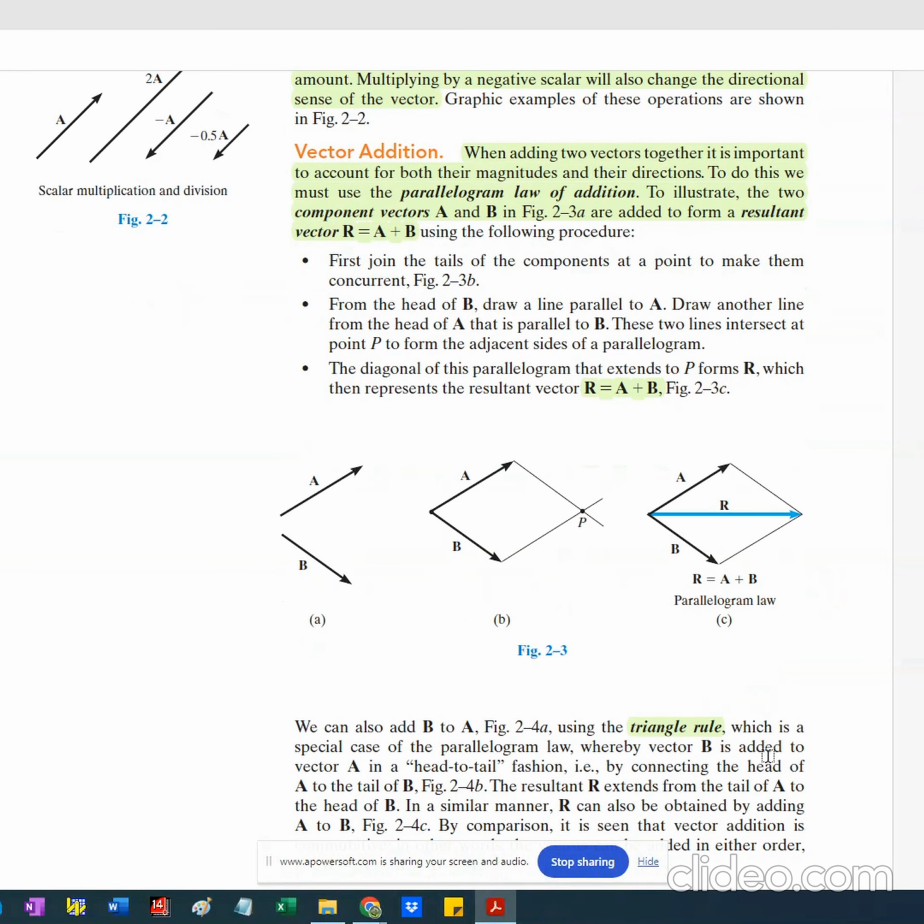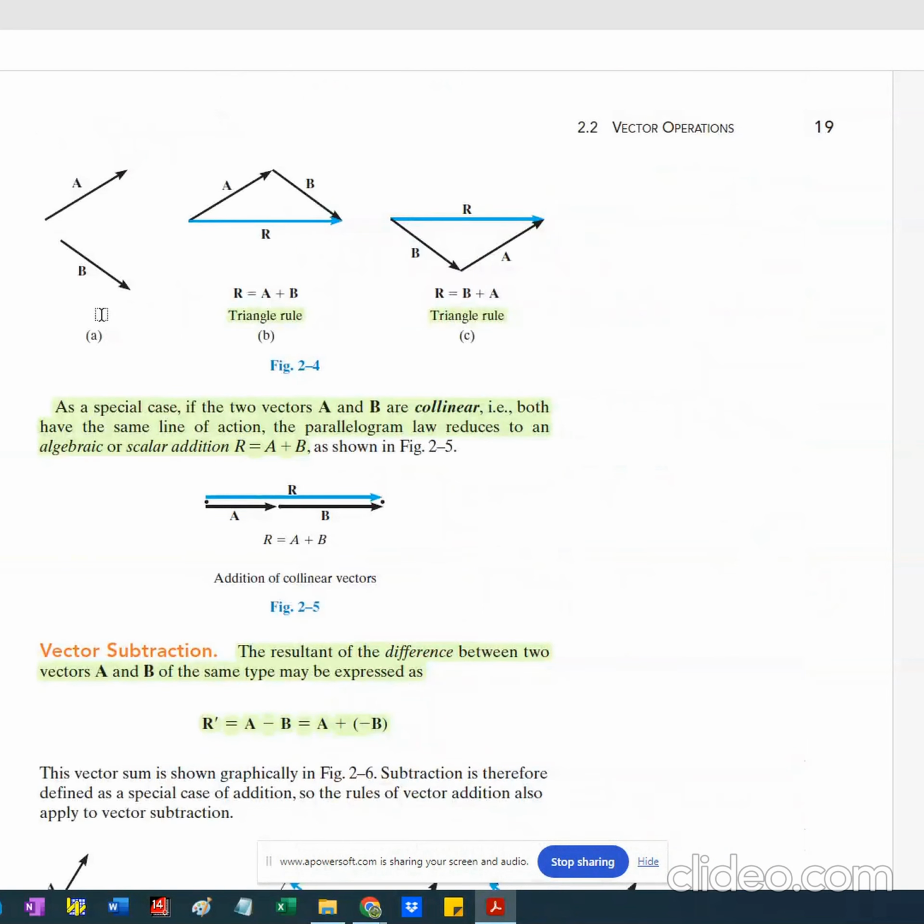With the triangle rule, we go the other way. We hold A fixed, and we slide B such that they are head to tail. They're shown here head to tail, and then we complete the triangle.